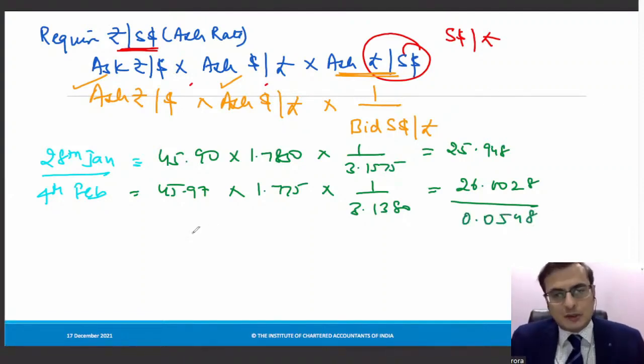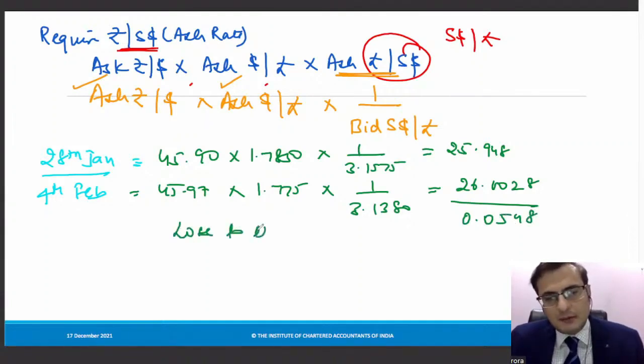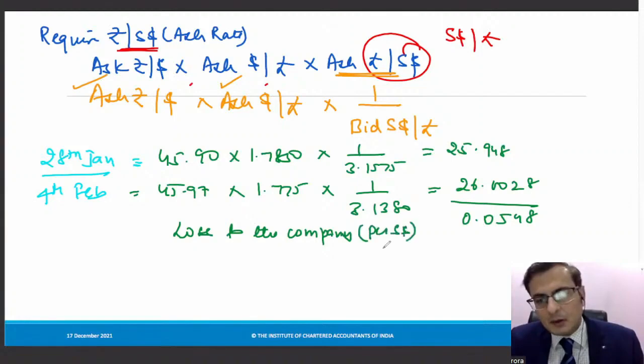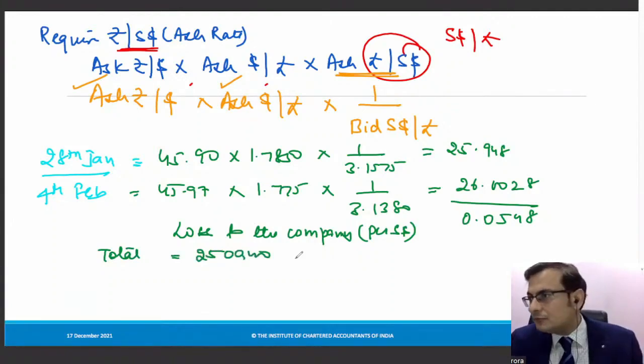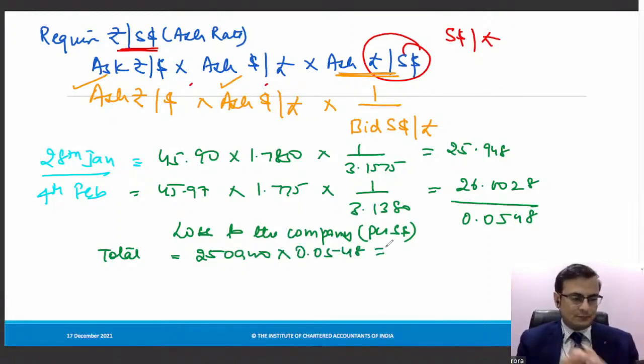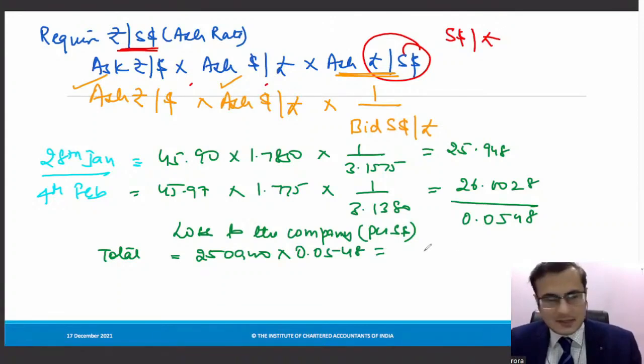This is the loss to the company, per Singapore dollar. And what is the total loss? Because this is per Singapore dollar, the total loss will be, on 25 lakhs, roughly rupees 1,37,000.